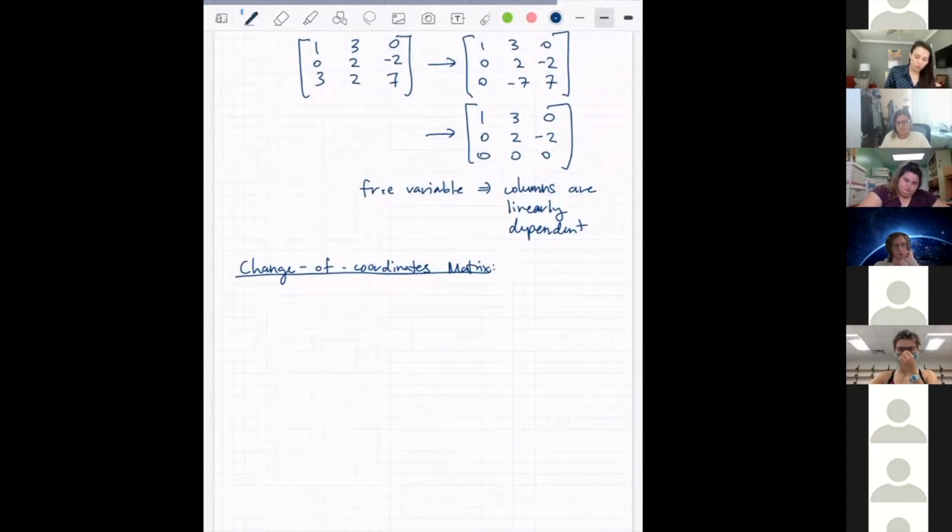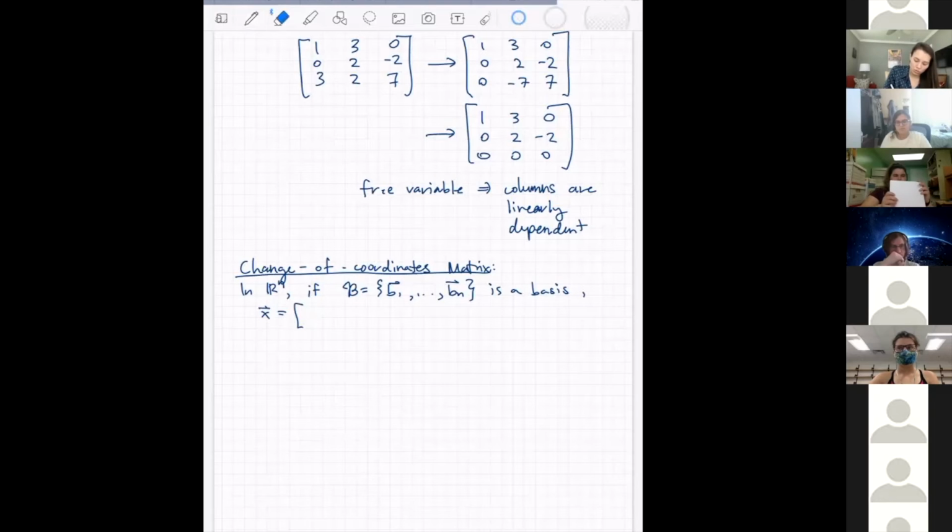So in Rn, if we have a basis B, and we're looking at X, a vector in Rn, this is equal to the matrix formed by just putting those basis vectors into the columns.